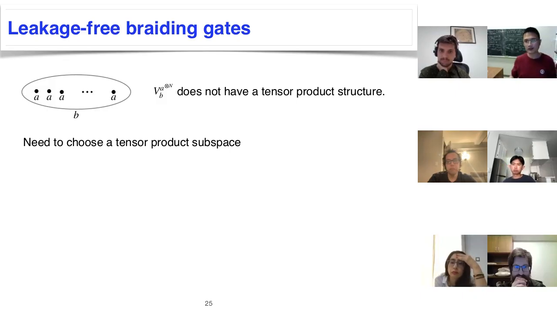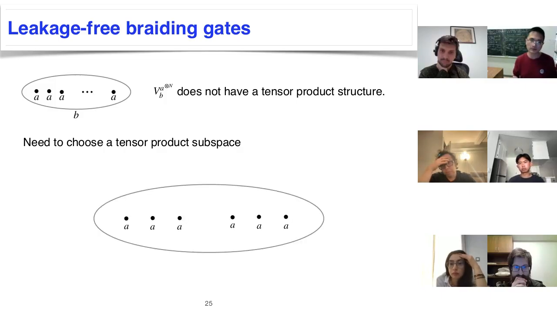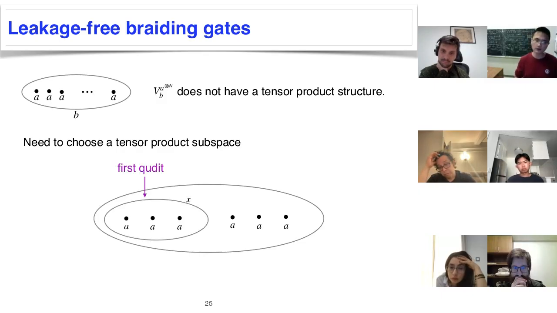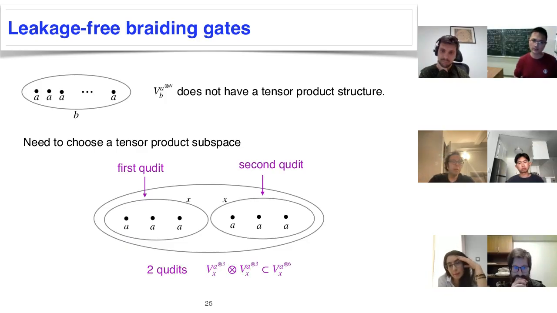So in order to get a multiple qubit space, we need to choose a tensor product subspace within the multiple anyon space. Schematically, we take a collection of anyons, maybe partition them into different groups, to form the first qubit and then the second qubit and so on.